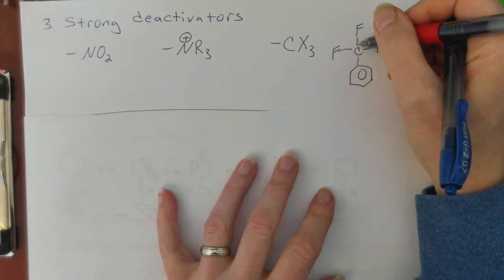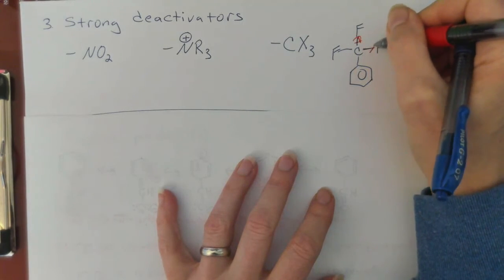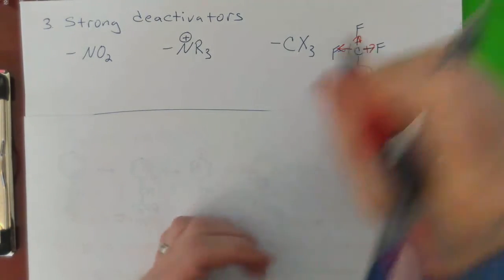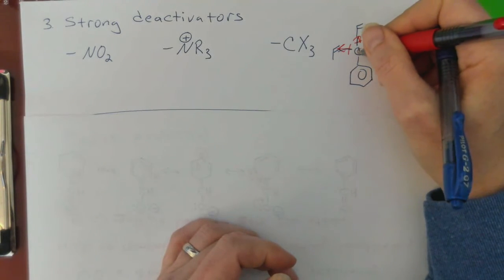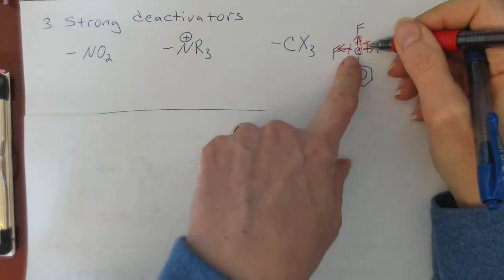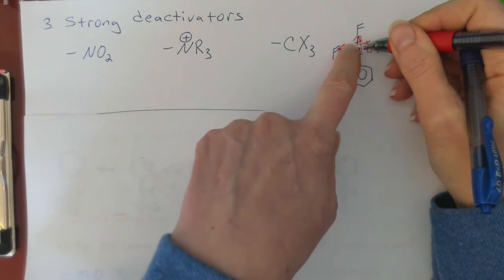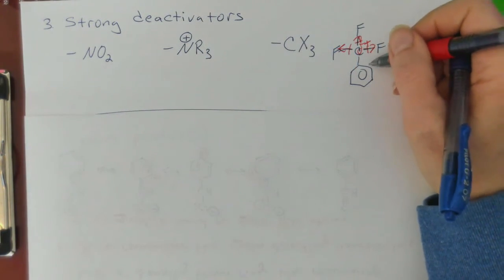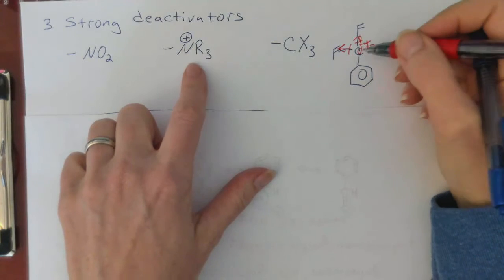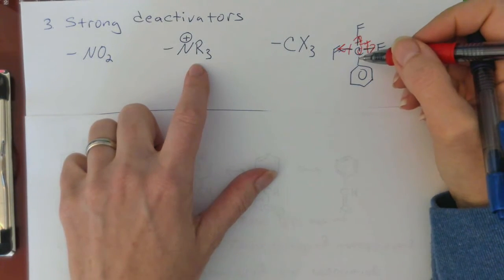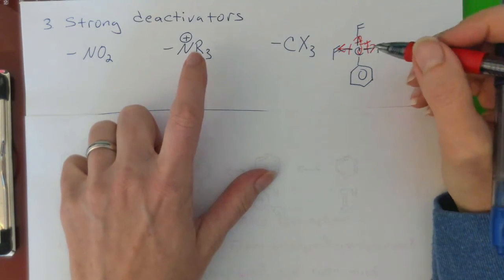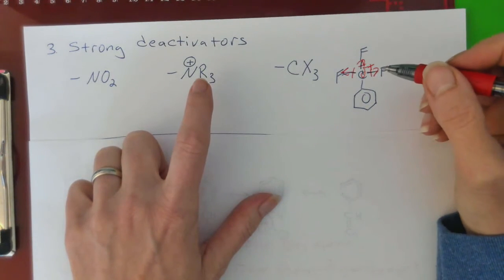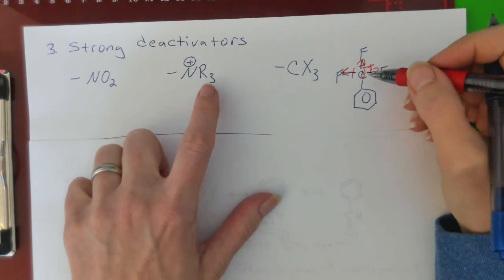Each of these bonds is really polarized, so that carbon has a partial positive charge on it. So it's going to withdraw electron density from the ring. For both of these deactivating groups, they're strong deactivators because of the powerful induction effects.